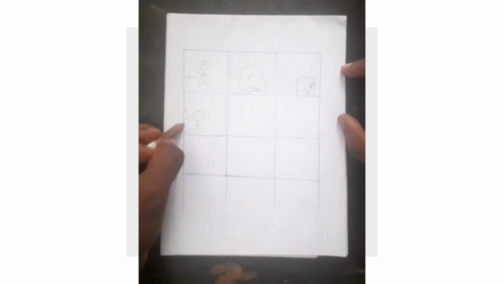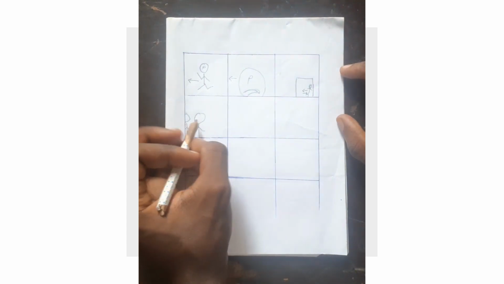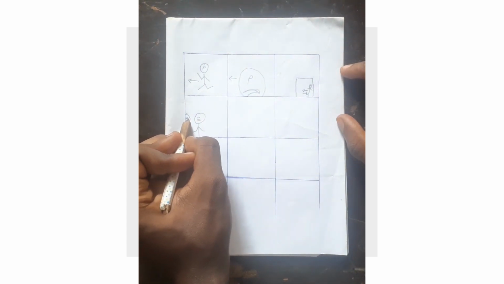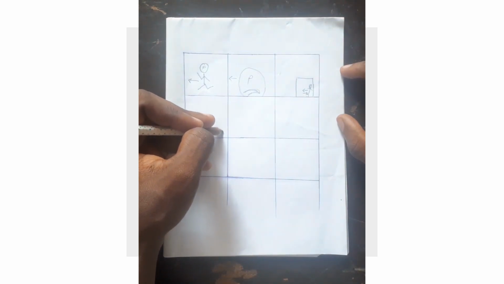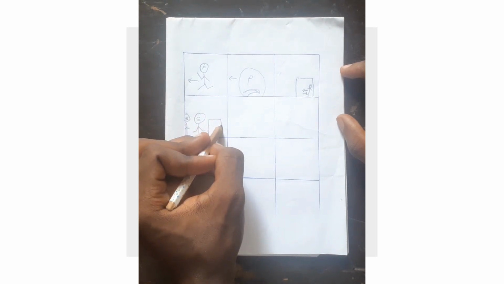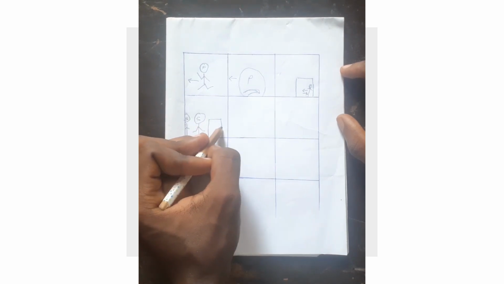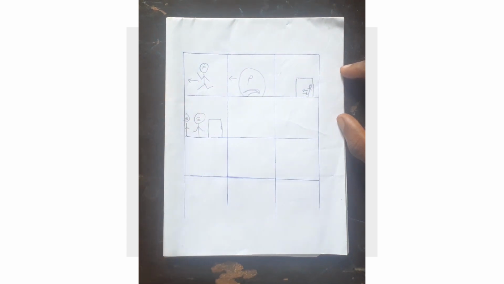Then the second security guard, so I'm just going to write S here for security. I'm just going to draw this door here, and we can bring out a little part of his head to show that he's actually running.